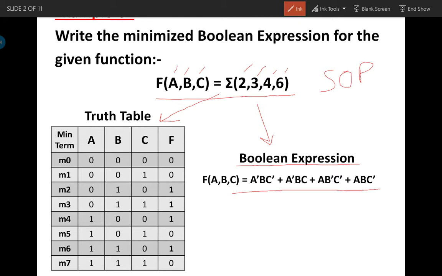Either the function is given in this form, or directly as a Boolean expression, or in the truth table form. Here you can see that for the given min terms, the output function f has the value one. So let us consider this example and proceed to solve this Boolean expression.